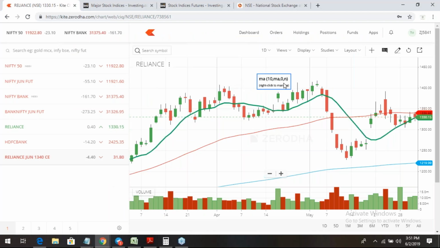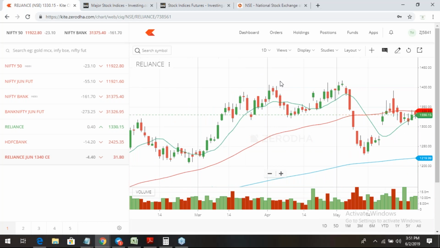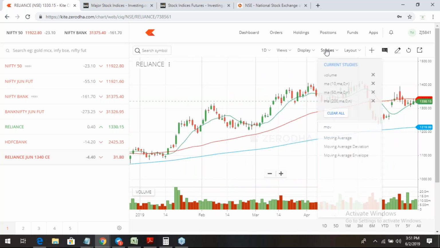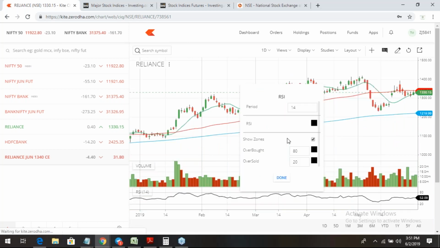So these are the three. Now again, if you want you can use RSI, but the RSI we use is 60 40. Why do we use 60 40? Period is 14, overbought zone 60, oversold zone 40. Simple.